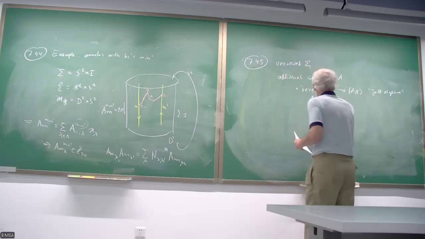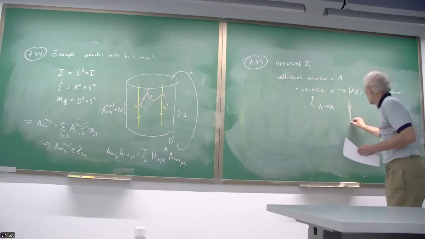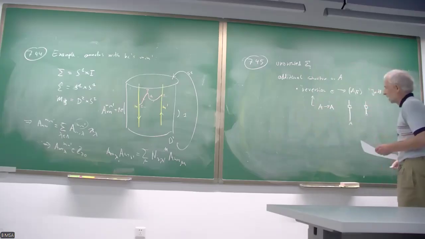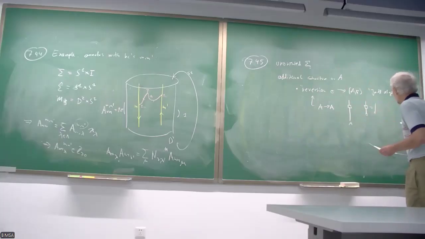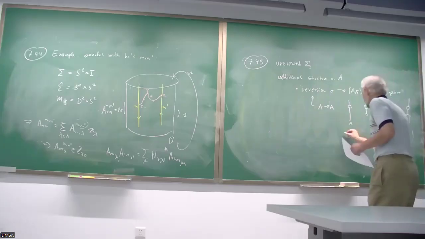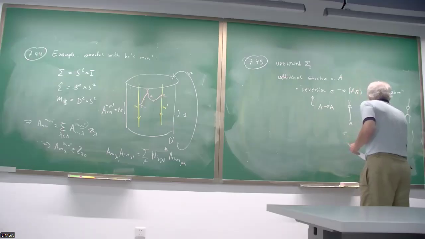A reversion is a morphism from A to A, denoted like that, such that, first of all, it's an algebra morphism from A to the opposite algebra, so it's compatible with the unit, and it's compatible with the product, but up to a grading, the self-grading of A. And in addition, it squares to the twist of A.